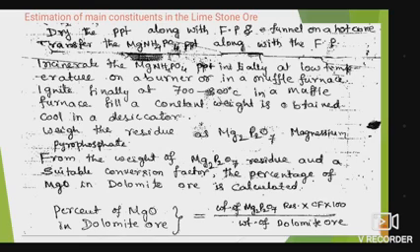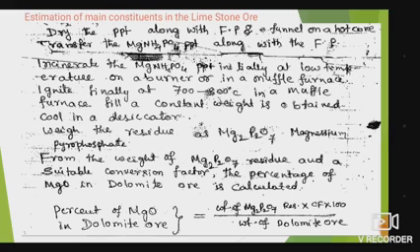Incinerate the magnesium ammonium phosphate precipitate initially at a low temperature, and after that on a burner or in the muffle furnace. Ignite finally at 700 to 800 degrees Celsius in a muffle furnace till a constant weight is obtained. Cool in a desiccator. Weigh the residue as Mg2P2O7, that is magnesium pyrophosphate.